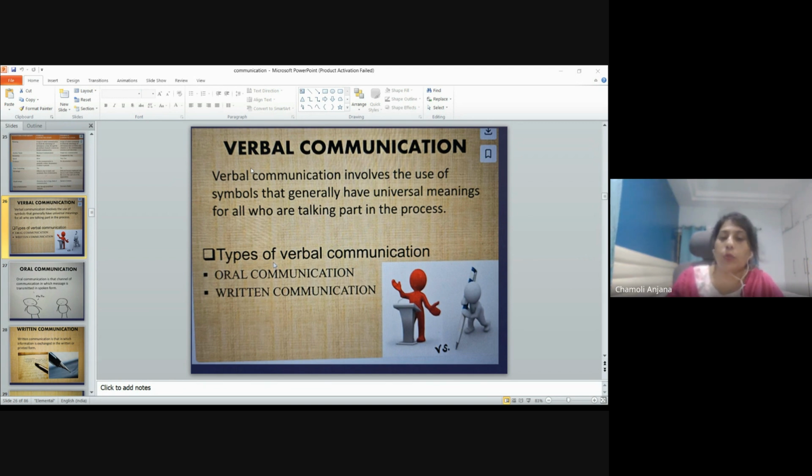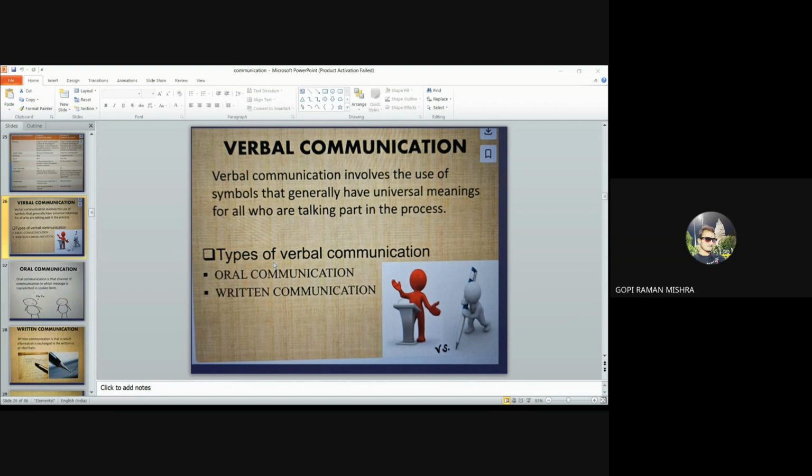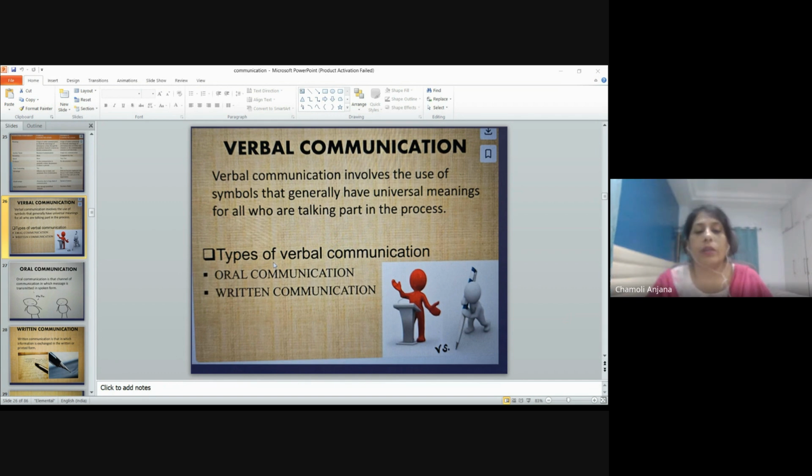Then we started with the forms or types of communication, and we were done with interpersonal, formal and informal communication. Today we will see verbal and non-verbal communication.